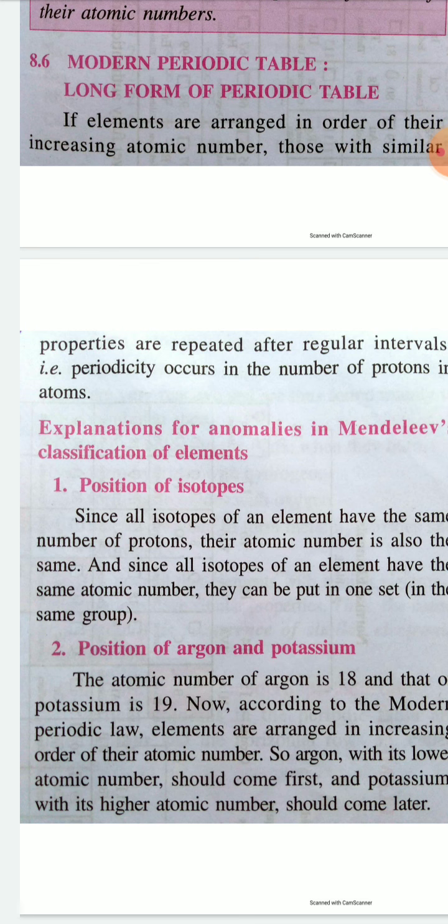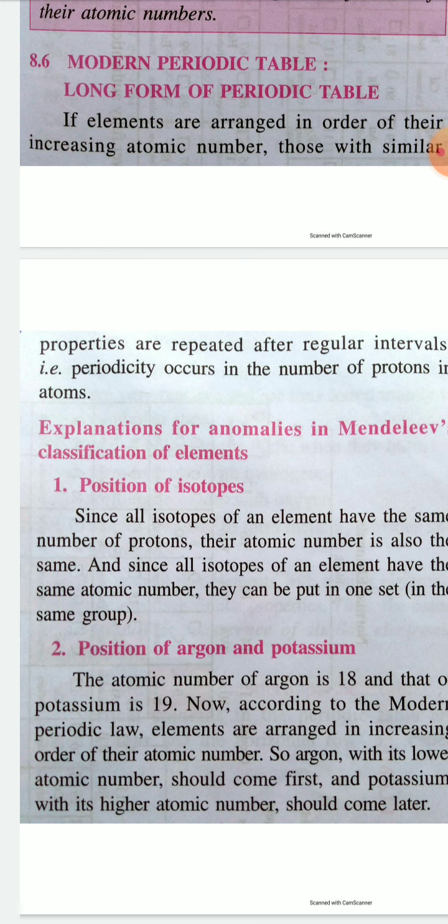Later, these demerits were solved by different scientists and IUPAC. And Henry Moseley corrected the Mendeleev periodic law and gave the modern periodic law. Okay. So, explanation for anomalies in Mendeleev classification of elements.